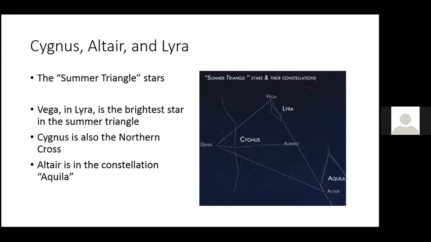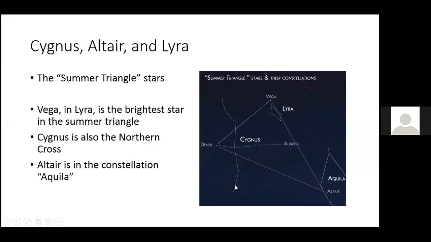Vega is the brightest star in the summer triangle. So Vega up here, right up in here, is in the constellation Lyra. And then Cygnus is also known as the Northern Cross. So that's this right up in here.